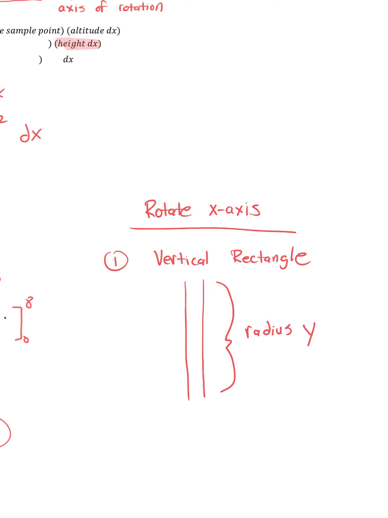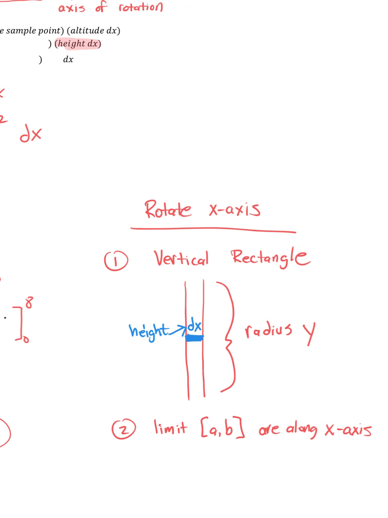But the thickness is a horizontal length, so that is a difference in x. Your height is a dx. The second thing to keep in mind is that our limits, a and b, are along the x-axis.